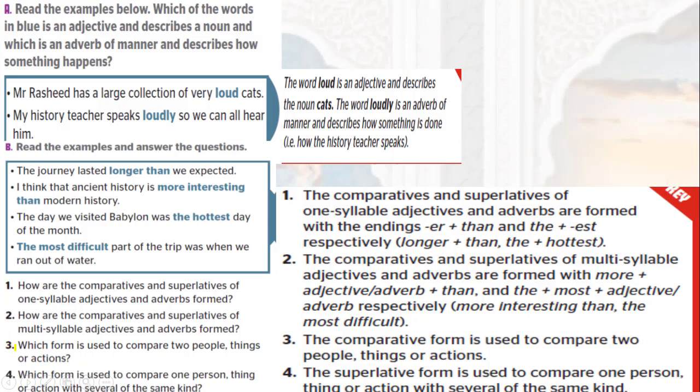We want also to know which form is used to compare two people or things, and we said that it is the comparative form, whereas the superlative form is used to compare one person with several of the same kind.